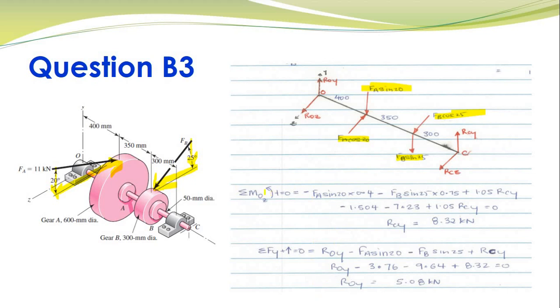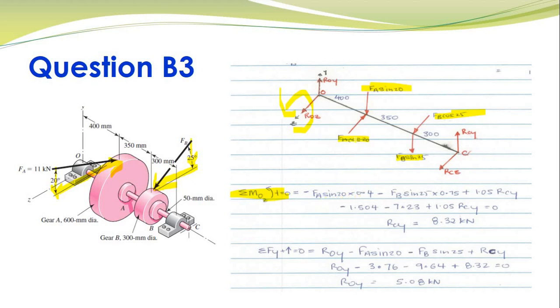Now let's look at the sum of moments about point O around the Z axis, where counterclockwise is positive. Let's look at what causes moment about the Z axis around point O. We've got Fa sine 20, and it is going to be a negative value because it's clockwise.